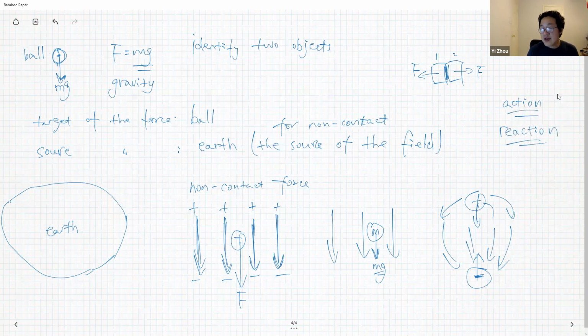If we have a source and a target, object 1, object 2, the action is the source acting on the target, then the reaction will be the target acting on the source. So now, who can tell me the reaction force of this gravity?